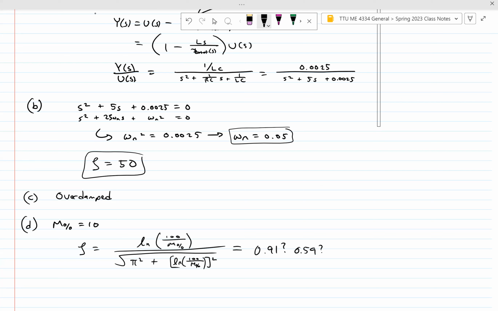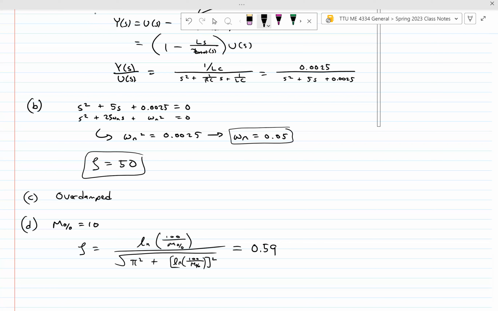That's what I got as well. So you may want to double check in case you're using log base 10 or not the natural log here. Or maybe sometimes you forget to do the square root or the pi squared part. I got 0.59. So that is a desired damping ratio we want to have for this system here.